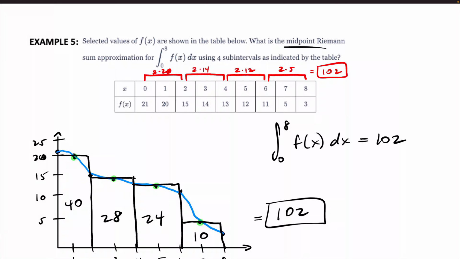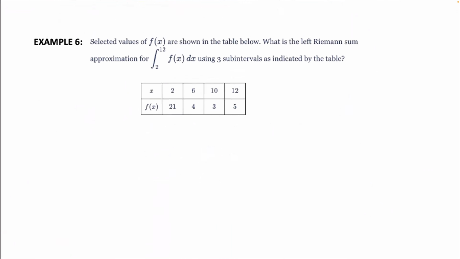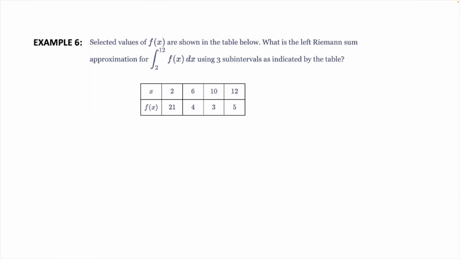So I'm going to try that on my next problem. I'm not going to do a graph for the next one. I'm going to do exactly what I just did to show you. So this one goes from 2 to 12, and I need 3 subintervals. Each subinterval needs to be how wide?